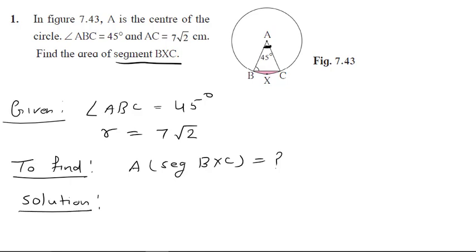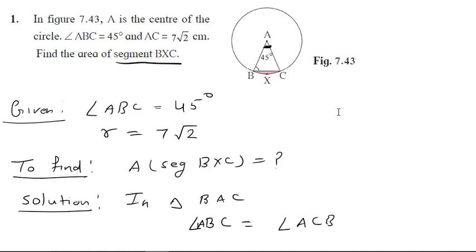Now we have to first find this central angle. Okay, this BAC, we have to find area of triangle, or we have to find area of this sector. For that I want this angle A. So in triangle BAC, angle ABC is equal to angle ACB.